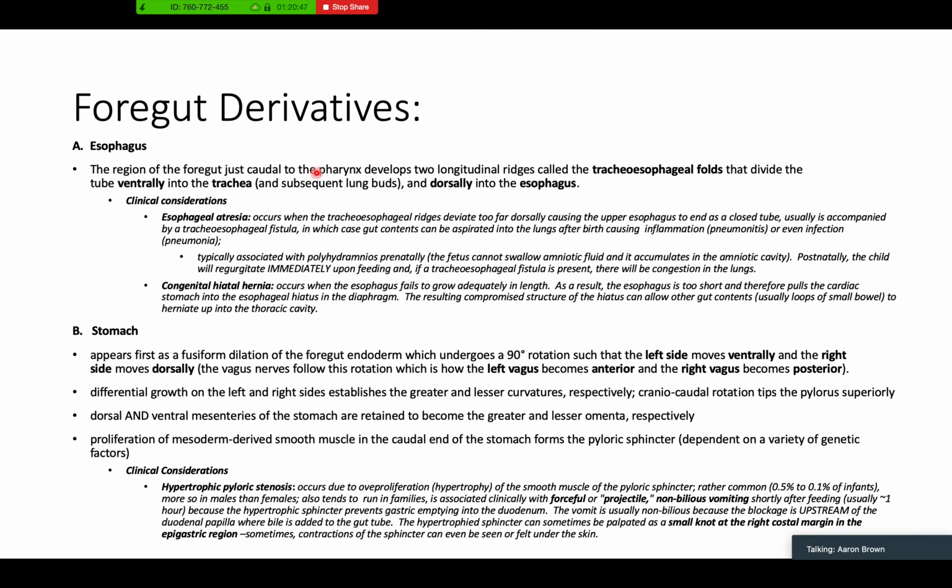So the first bit of the esophagus, it starts originally as a single tube. So here's our single tube that is our esophagus. Eventually, this esophagus is going to break down into two different tubes. One is going to go on to connect to the stomach, and so this would be our esophagus.